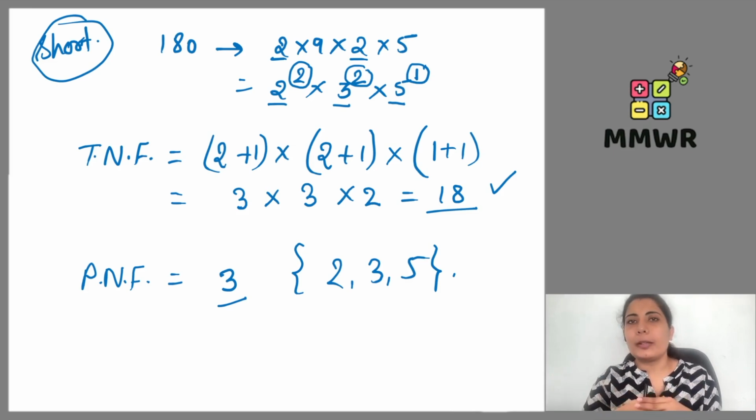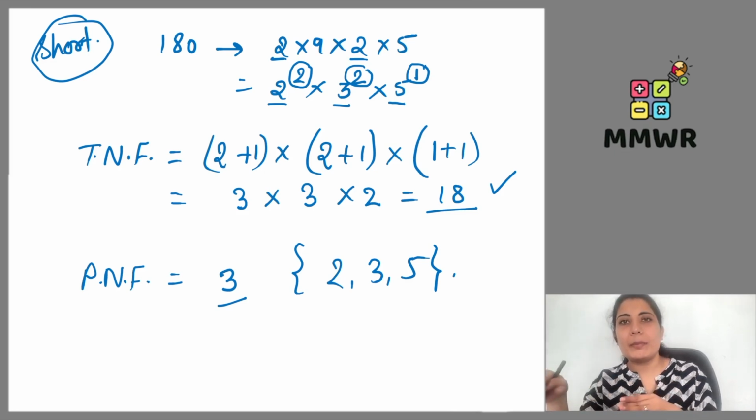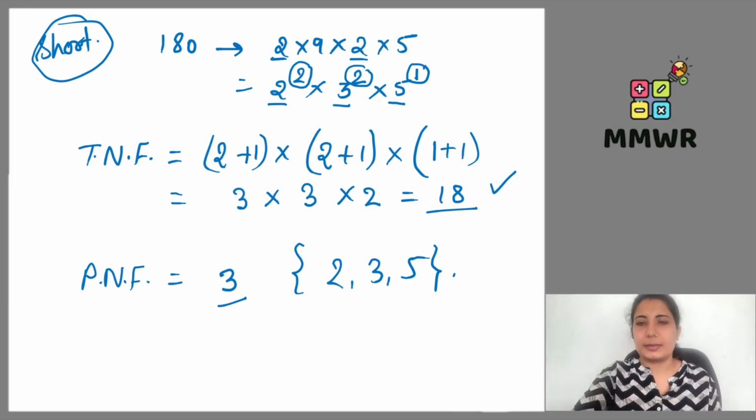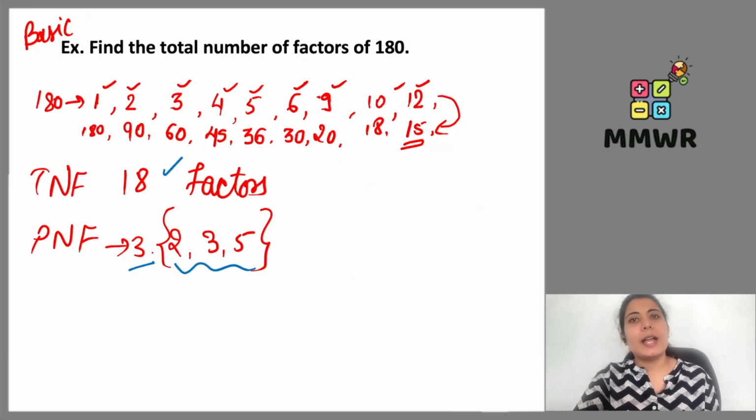After taking the product, the answer gives us the total number of factors. And whichever prime numbers are written in the base, they all will be called the prime factors of it, and we have to simply count: 2, 3, 5, total 3 factors are there. That's it. So here we have done it for 180.